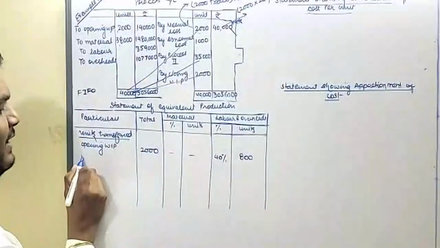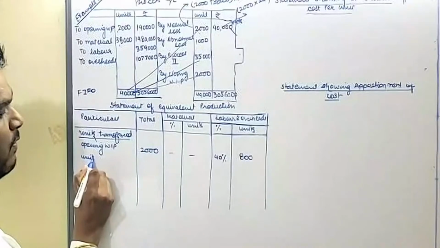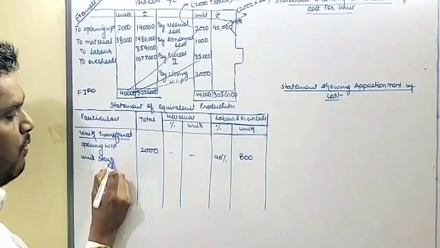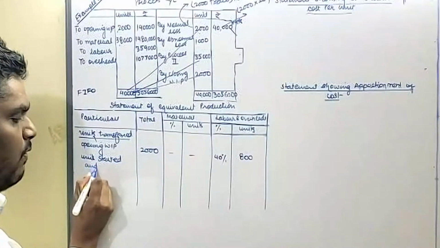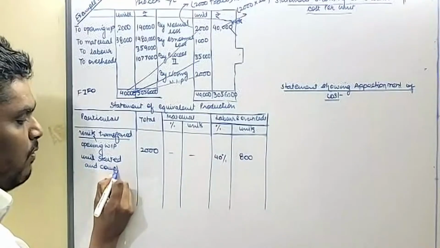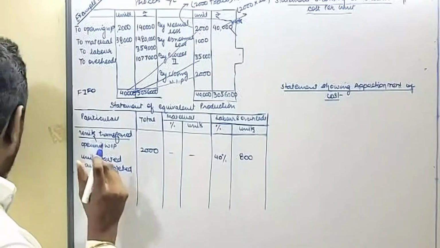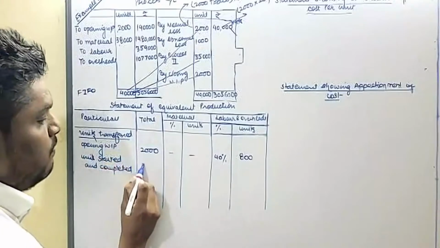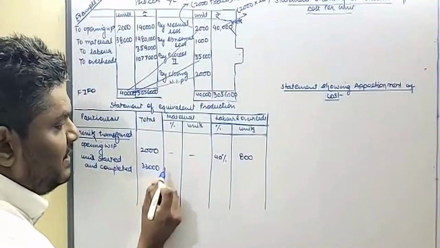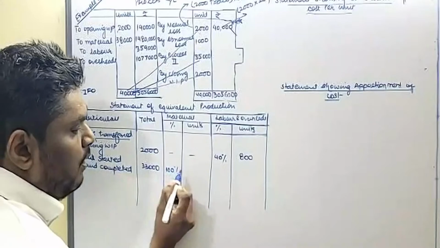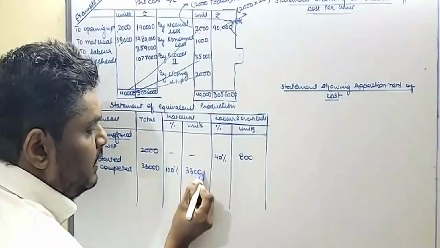Thereafter, units started and completed. That is 33,000. 100%, 33,000.